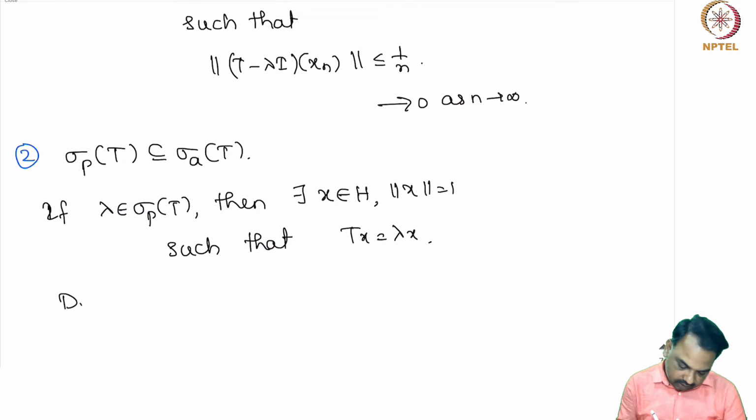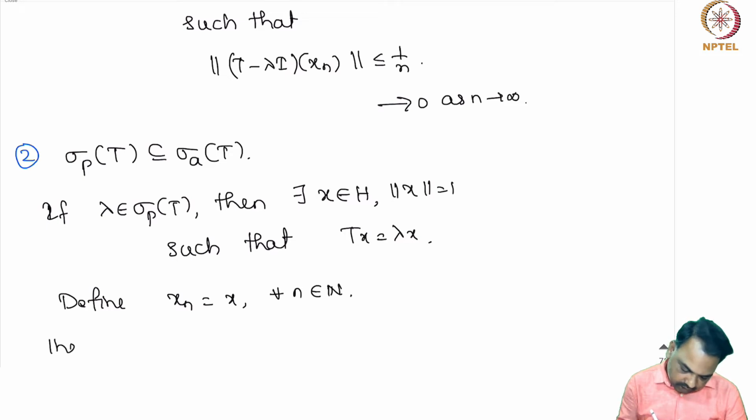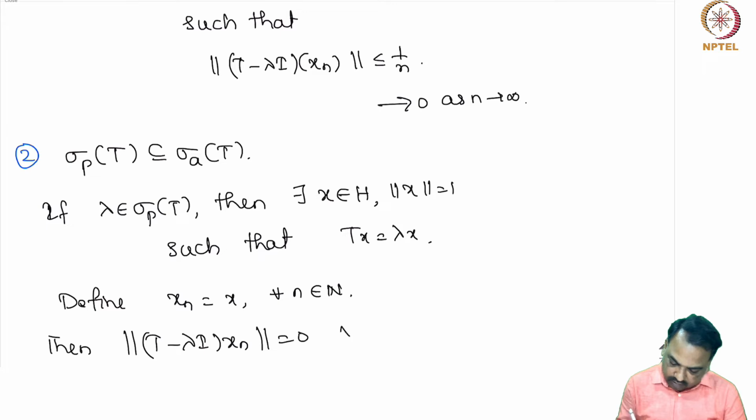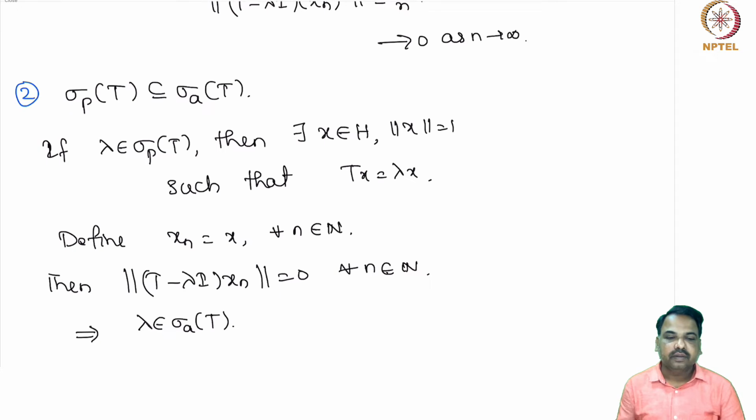Now define xn as x for every n in N. Then T minus lambda I xn is 0 for every n. This implies lambda is in the approximate point spectrum of T.